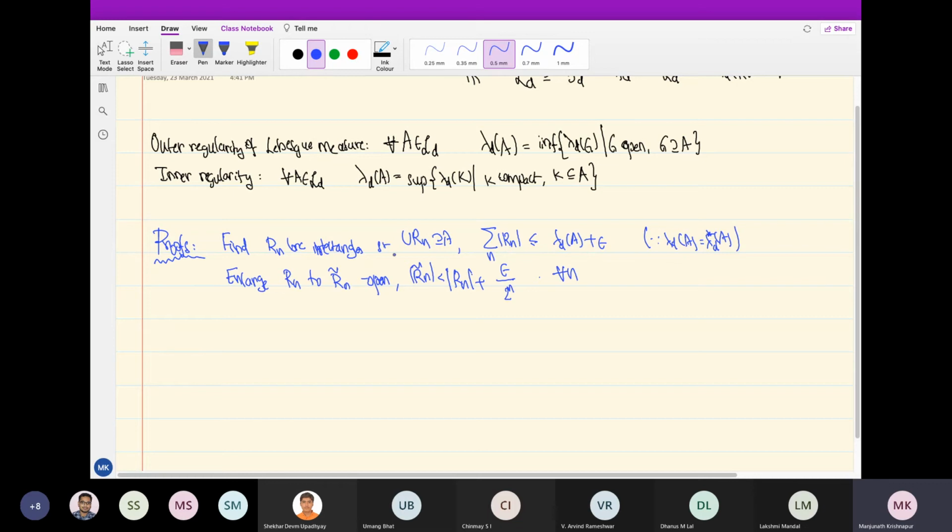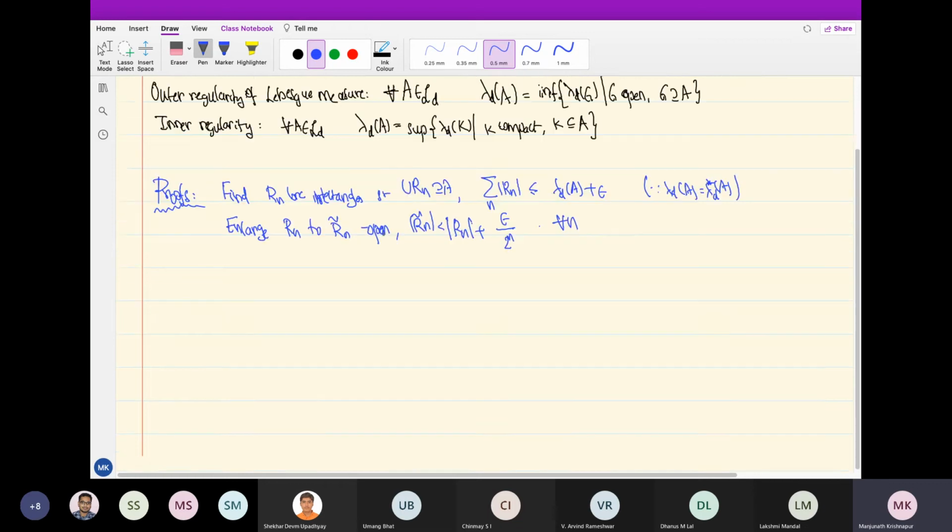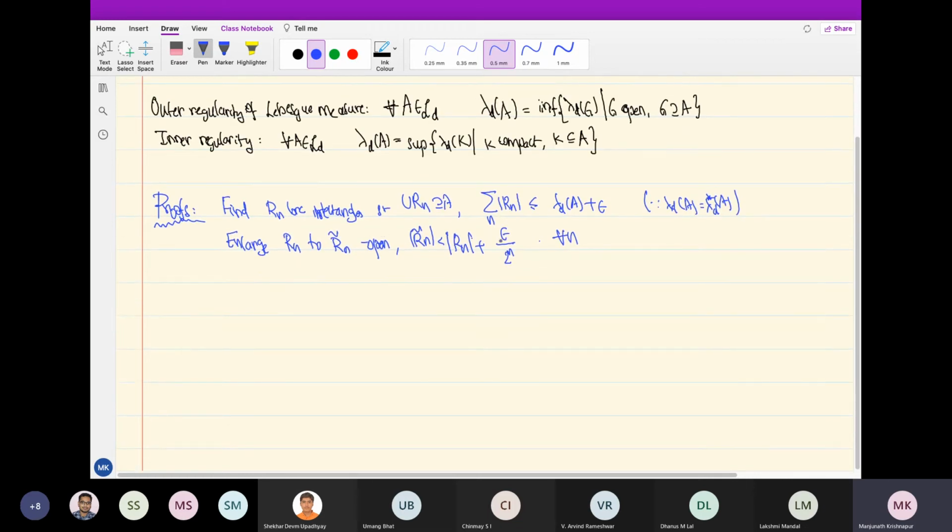So for each n, we have a left open, right closed rectangle. Now you make it open by enlarging it a little bit, and you can make arbitrarily small enlargement. So then what happens? Then G equal to the union of R_n tilde is open. It's a union of open sets, hence open. Each R_n tilde is open.